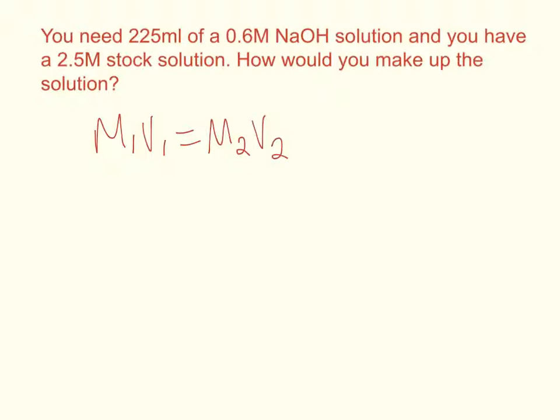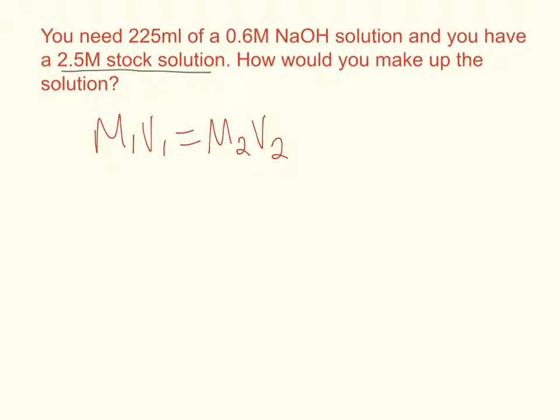We first need to determine what M1 is, what V1 is, what M2 is, what V2 is, and which variable we're trying to solve for. When you see something saying stock solution, that will always be your M1.